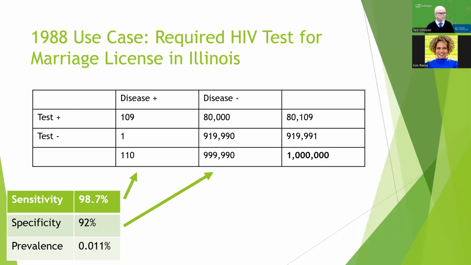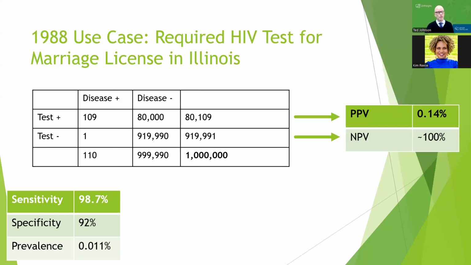You take the sensitivity to work out how many of those 110 with disease tested negative, which is 1. Then you use the specificity to generate the number of people without disease: 999,890, which gives 80 positive tests in people without disease and 919,999 true negatives.